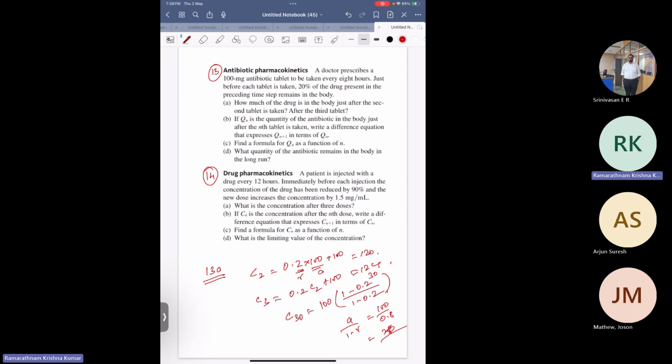100 by 0.8 is 125. 1000 by 8 is 125. Look at that. The third day is 124.